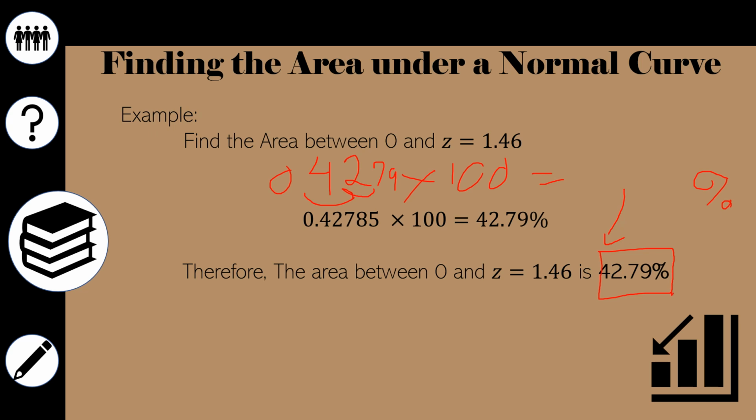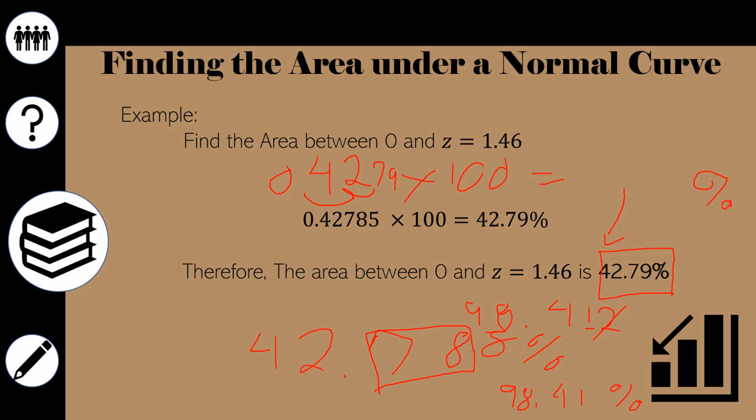You might be wondering, why didn't I make it 42.785%? Well, that's because we keep only the first 2 digits of a decimal, meaning we round it off to only 2 digits. Like for example, 98.412. Following the rules of rounding off numbers, if we only round it off to the hundredths place, this will remain and this will be cancelled out, meaning it will be 98.41%.